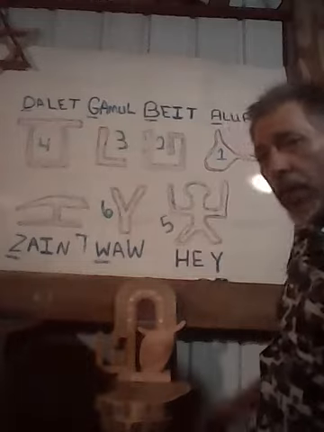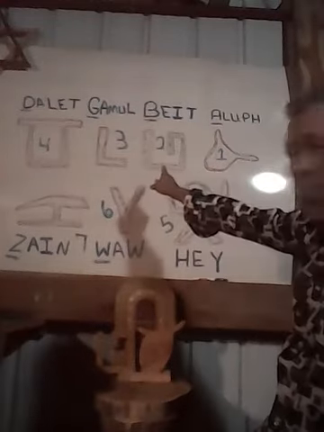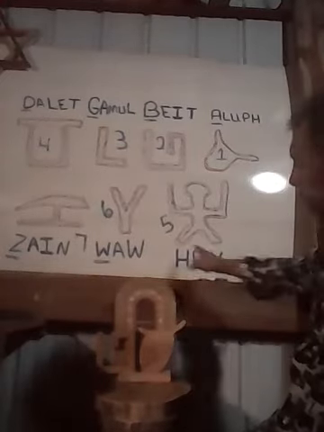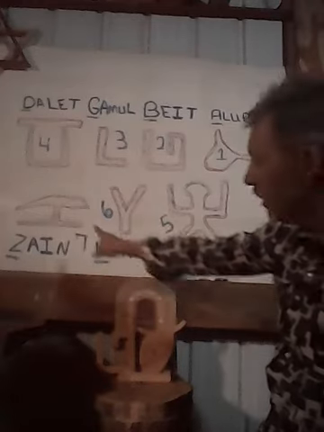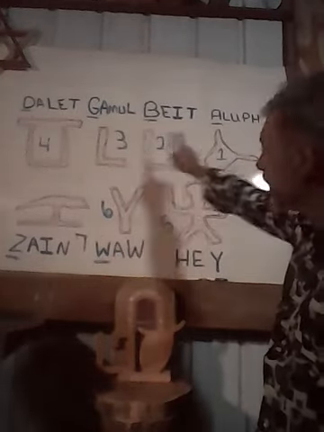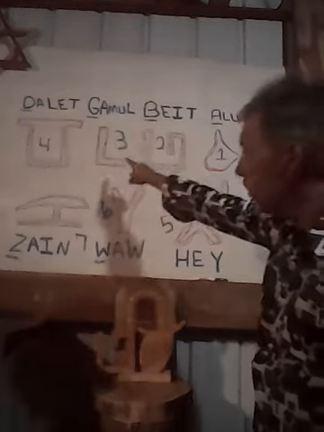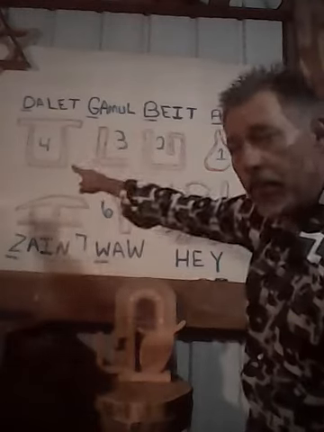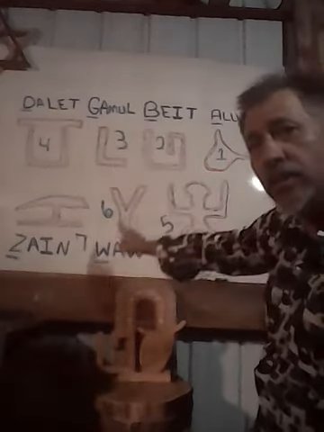So what do we have here? Aleph, say it with me. Aleph, Beit, Gimel, Dalet, Hey, Wal, Zain. 1, 2, 3, 4, 5, 6, 7.